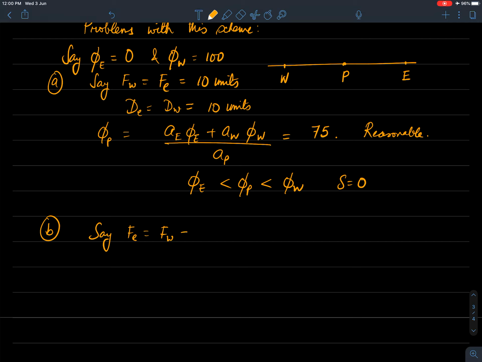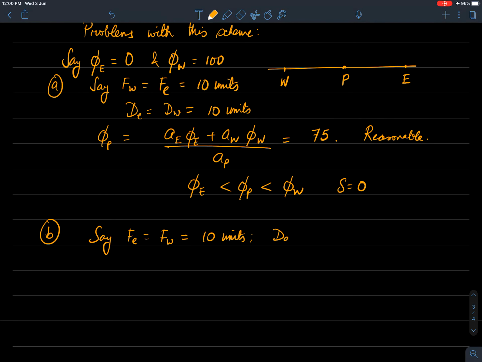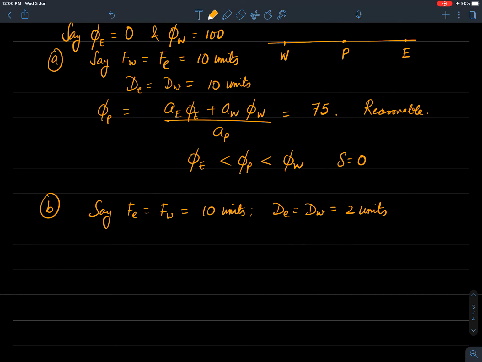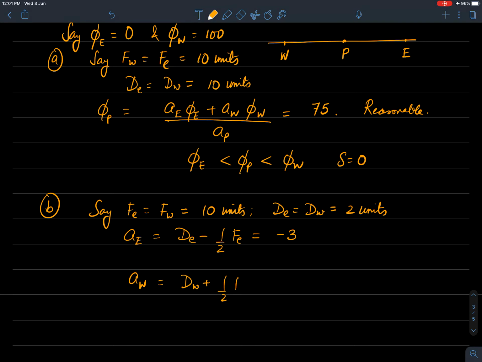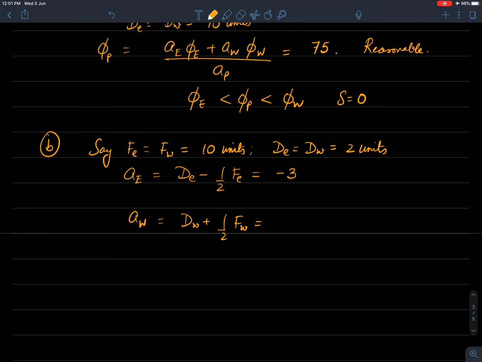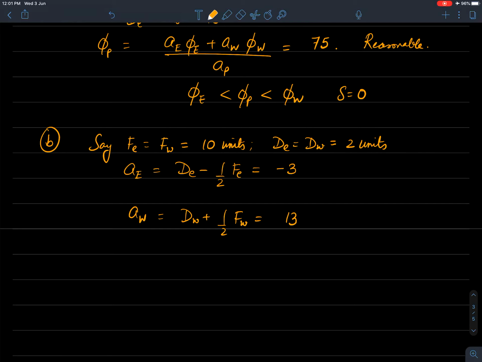Now let's say that FE and FW, which are equal, are 10 units, and DE and DW are 2 units. Now what would be AE? AE was DE minus half FE, which becomes 2 minus 5, that becomes minus 3, and AW becomes DW plus half FW.